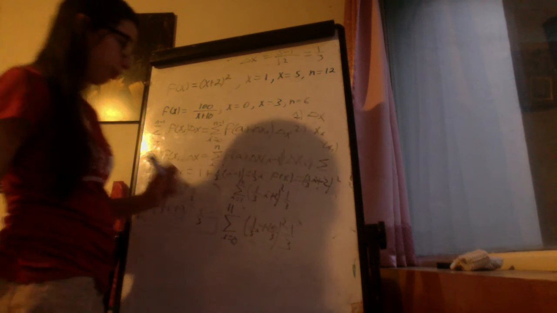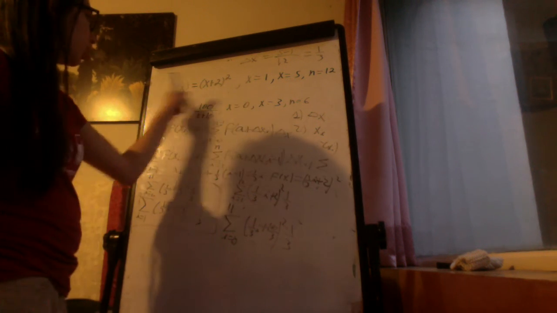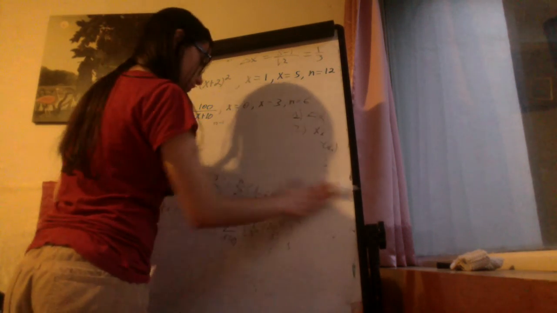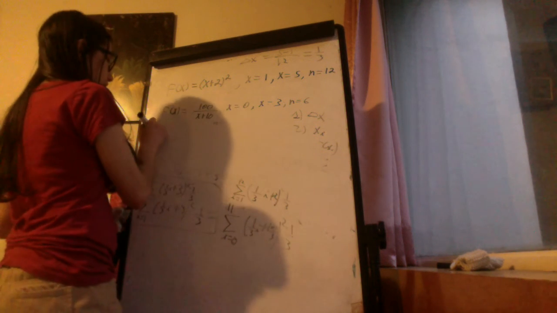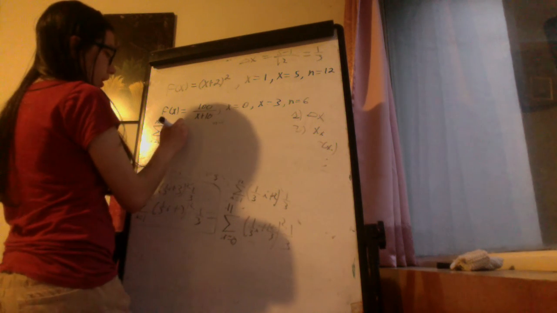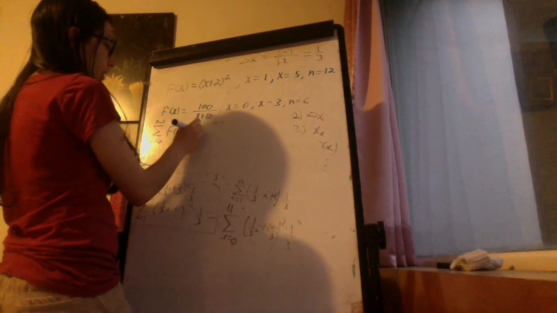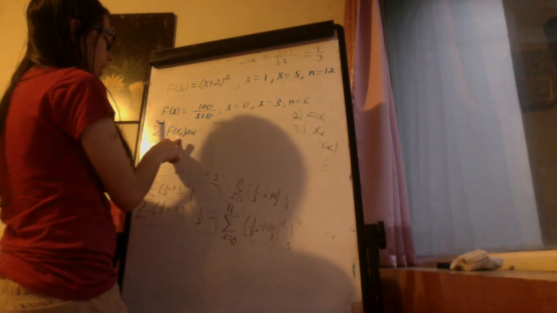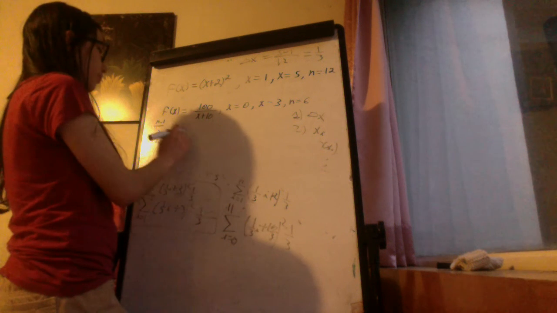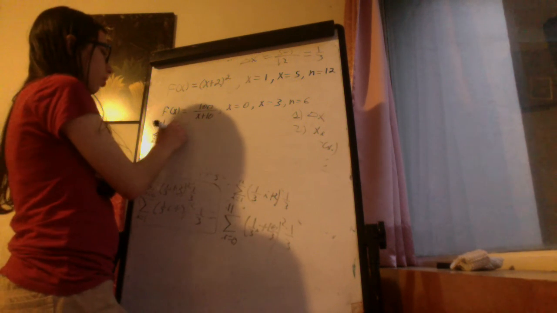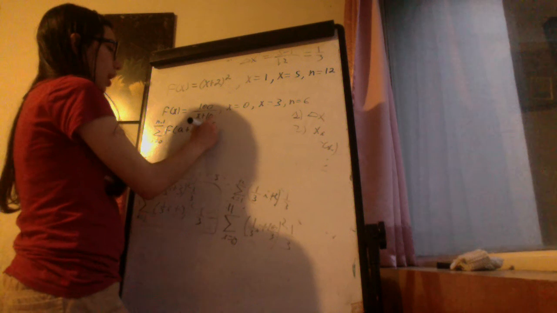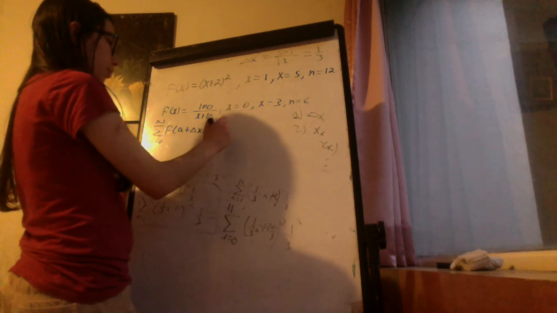For the midpoint, in this one, remember our summation from i equals 0 to n minus 1 of f of x sub i delta x. f of x sub i is, I will do it here because I'm running out of space, f of a plus delta x times i plus 0.5 times delta x.